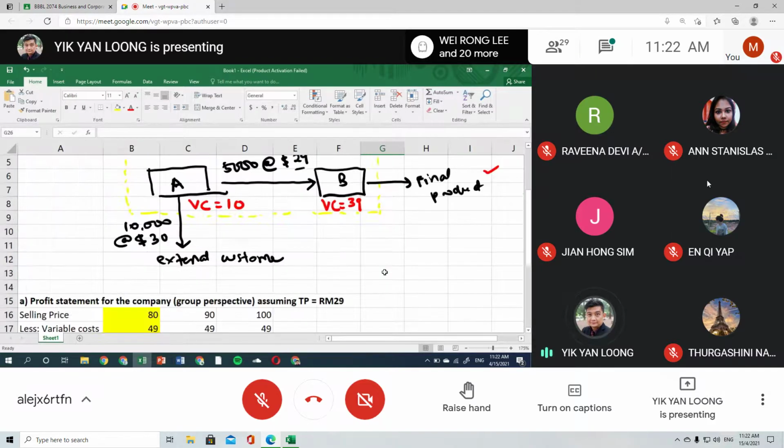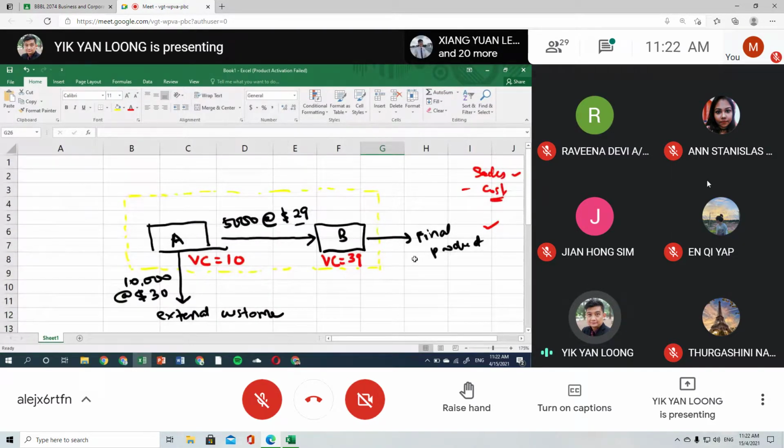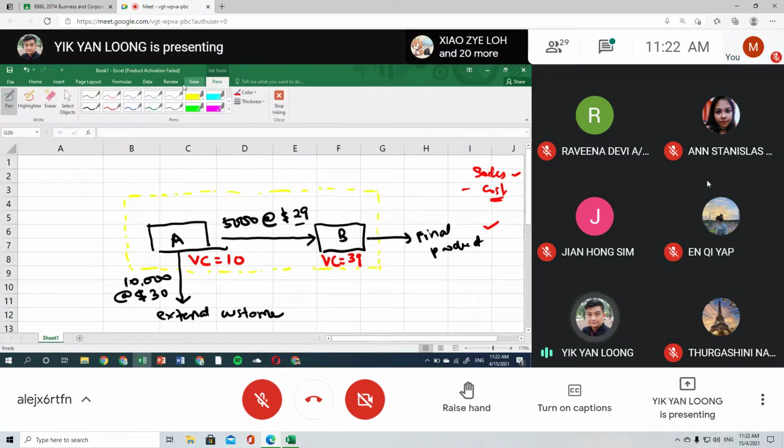Okay, so now we're going to look at the perspective of division B only. All right, so let me erase this part here. Now we're going to look at division B only.